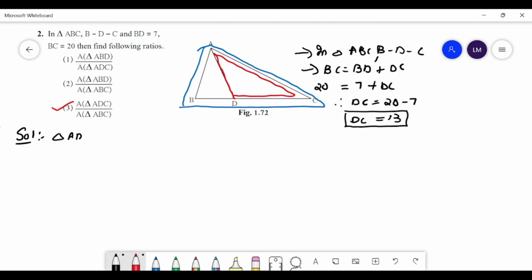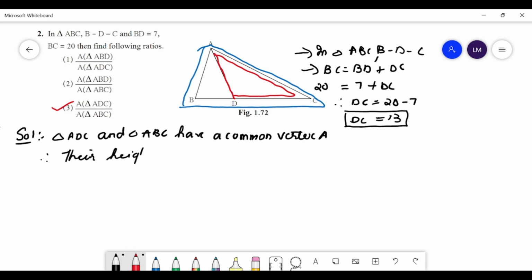Triangle ADC and triangle ABC have a common vertex A. Therefore, their heights are equal.